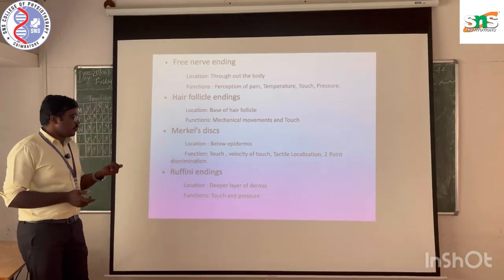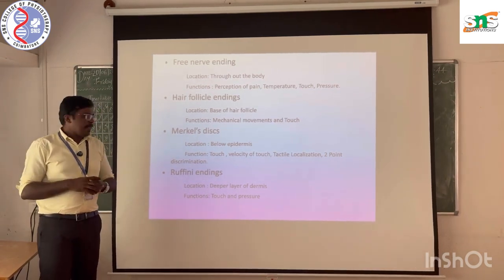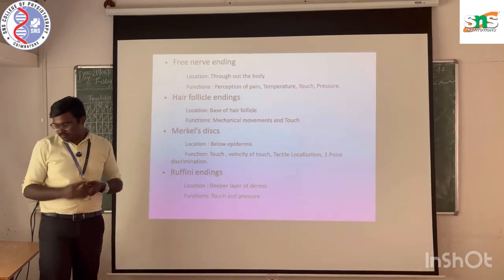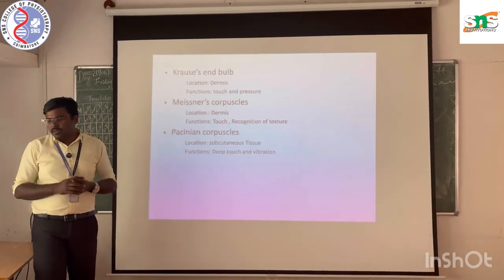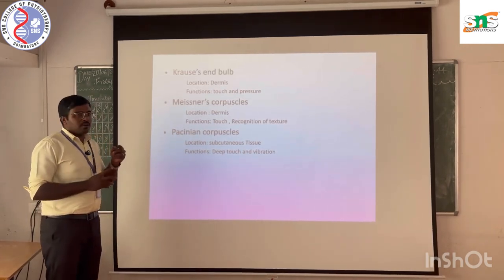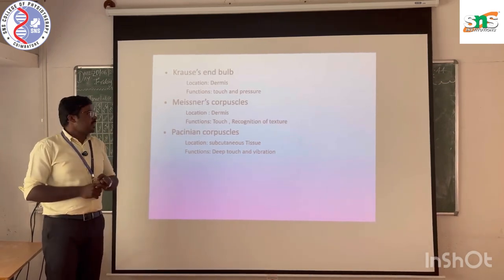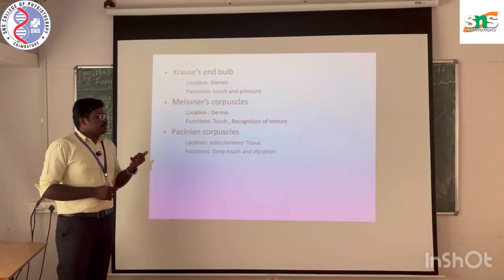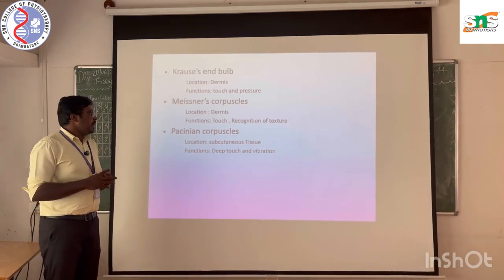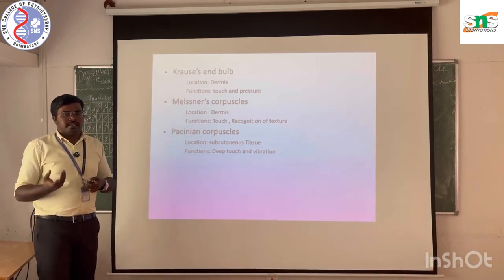The next receptor is the Ruffini endings, located at the deep layer of the dermis. Its function is touch and pressure. Next, Krause end bulbs, located at the dermis layer; the function is touch and pressure. Meissner's corpuscles are located at the dermis layer, and their function is touch and recognition of texture.